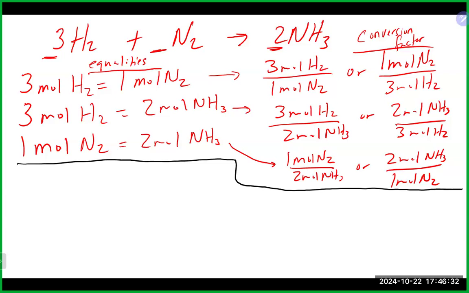It could be a product, could be a reactant. So let's just say that we produced 32.5 grams of NH3. We want to know how many grams of H2 we started with.